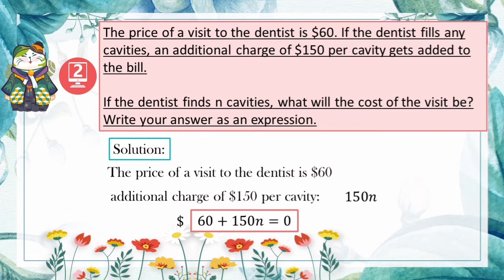If you have no cavities, if n is 0, then you are just going to pay your $60. But if you have one cavity, you are going to pay 60 plus 150 times 1. And if you have two cavities, you are going to pay $60 plus $150 times 2.